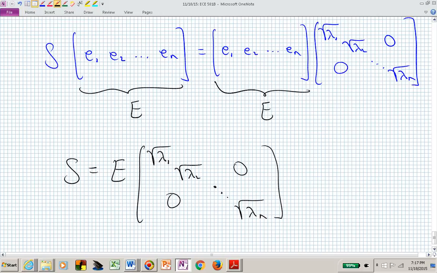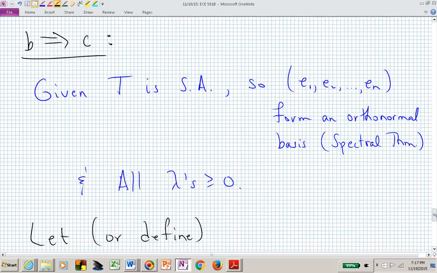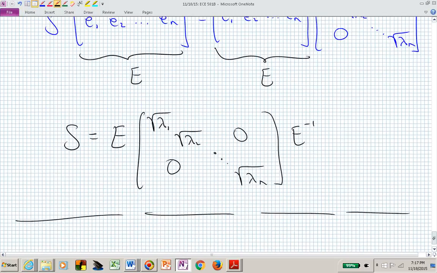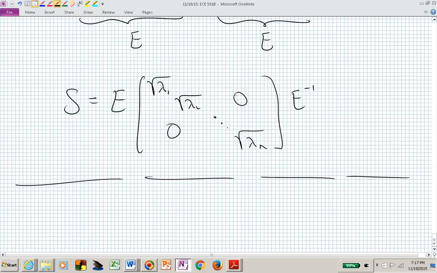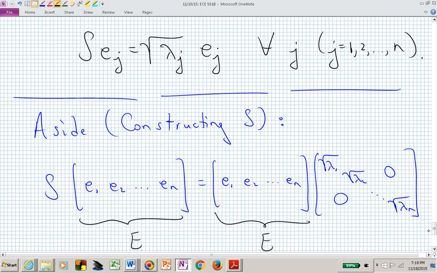And if we post multiply both sides of this blue formula by the inverse of E, then we have our square root S, where the square root of our linear operator T is in fact S. So that was just an aside on how we could actually construct such a square root from an operator S satisfying this black relationship.